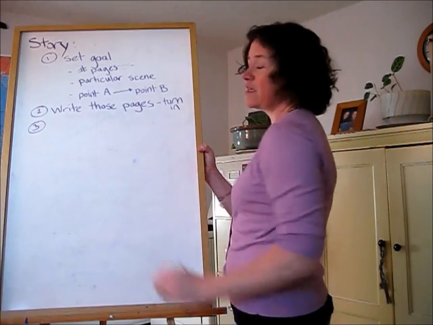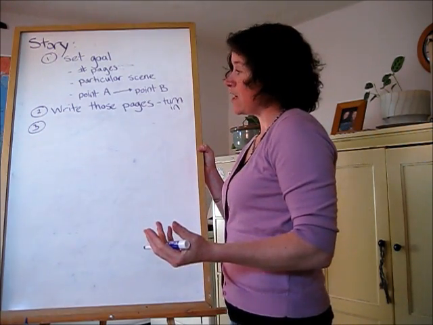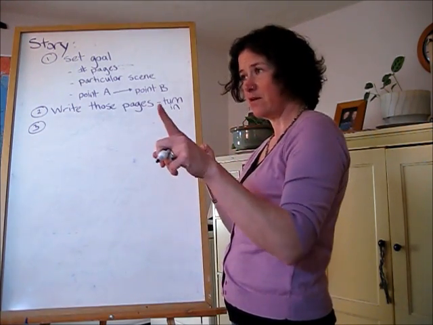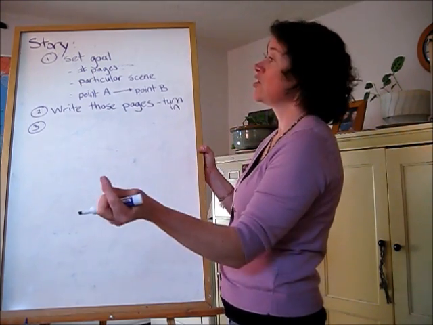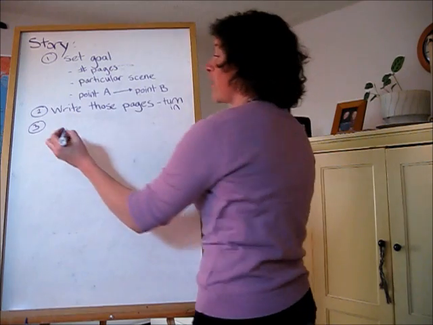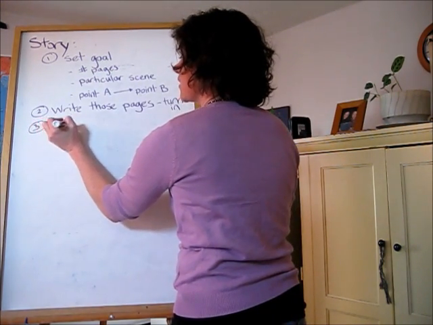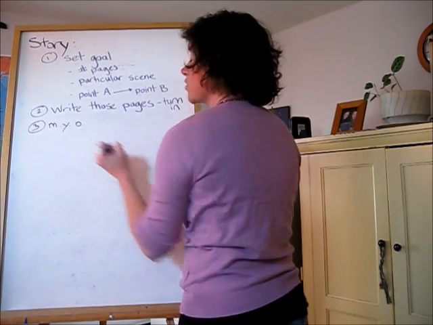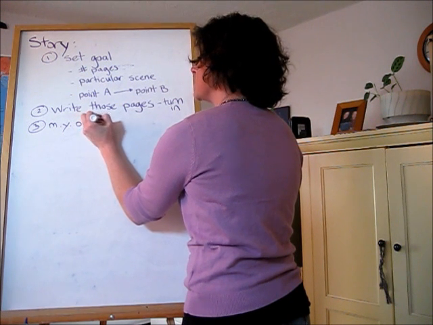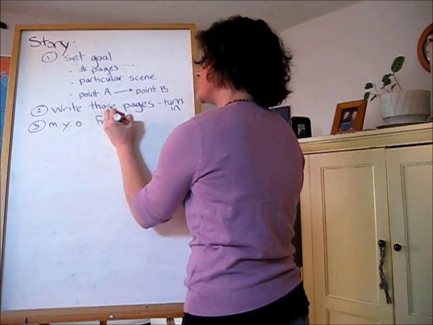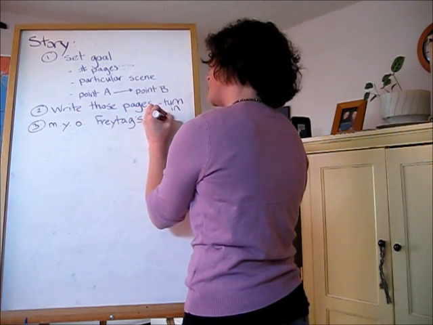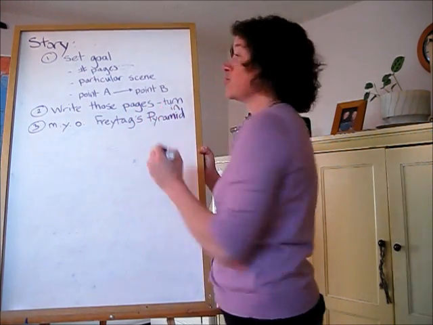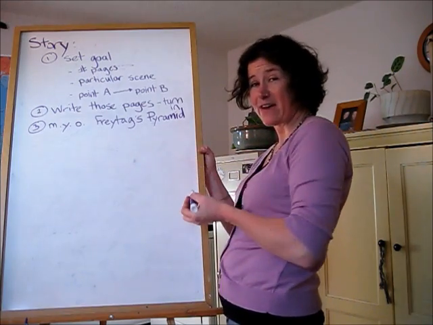And then number three is going to be to make your version of Freytag's pyramid for where you are in your story right now. So we'll say make your own Freytag's pyramid. Whatever shape you think works for your story. And your story's probably not finished, so you might not have the complete shape.